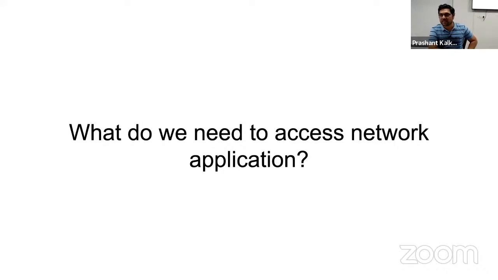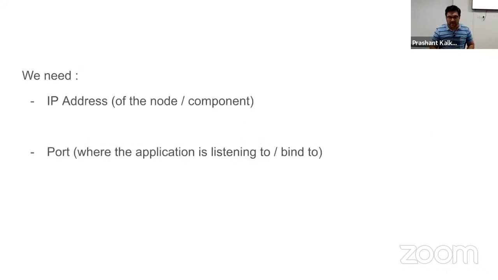What do you think? Which information do we need to actually communicate with any network? Yeah, so basically you need an IP and a port. Okay, so if we have an IP of some kind, and if we know which port we need to reach to, then we should be able to communicate with that application.